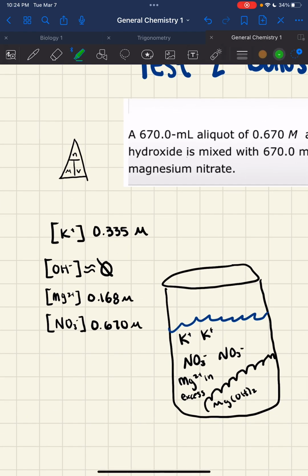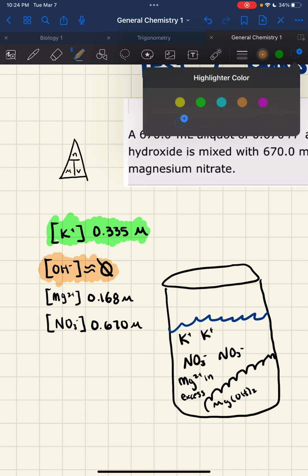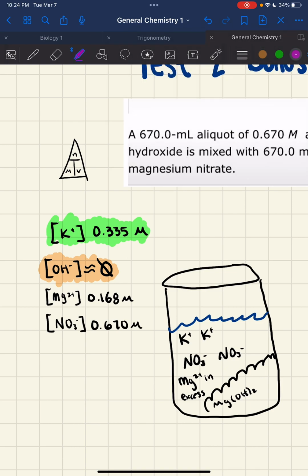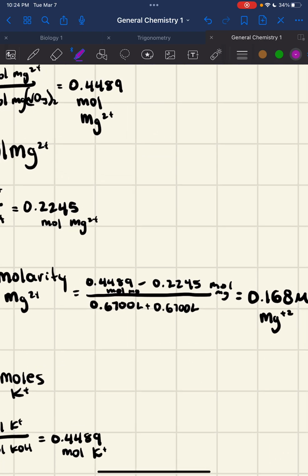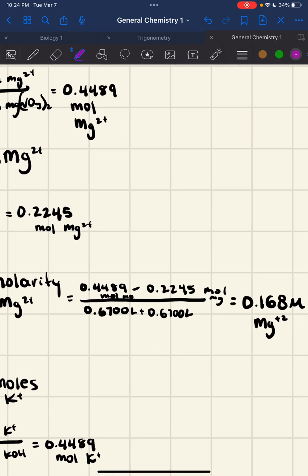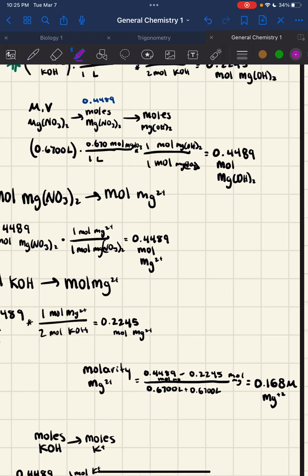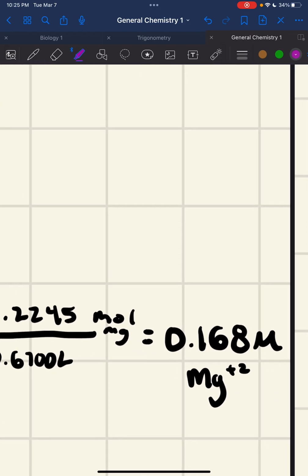We have our answers right here. For K plus, it is 0.335 molarity. For OH minus, that was all used up in our precipitant, so it's 0. It's all up in here. And next, our magnesium is done because we have our 1.68 right here, just because we subtracted our original from our limiting, and we found what we had in excess.